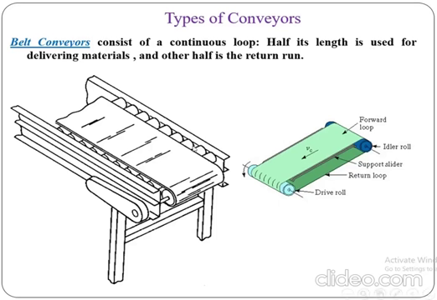Here, you see the forward loop, and from this side, this is the return loop. So half of the length is used for delivering the material, and half is used for returning the run. It has idlers, drive roll, support slider, return loop, and forward loop.